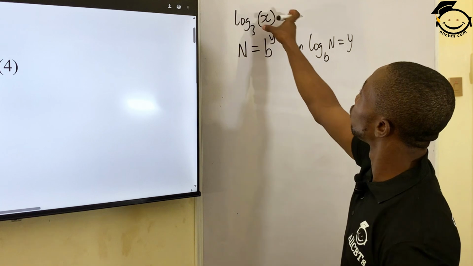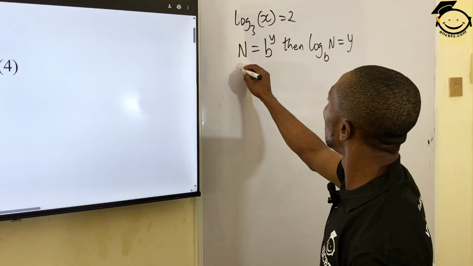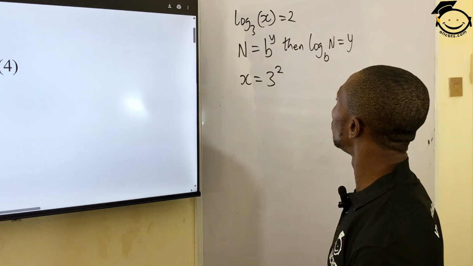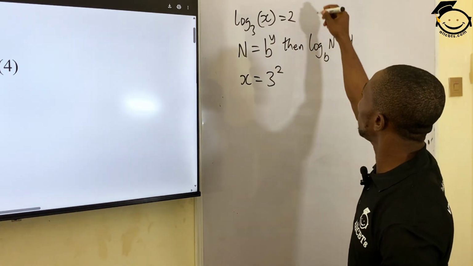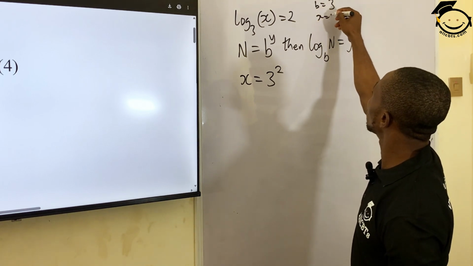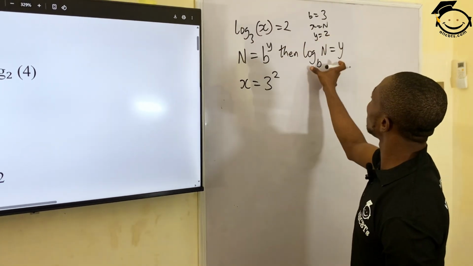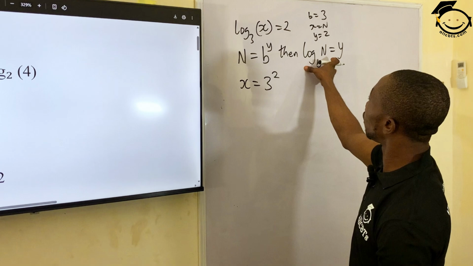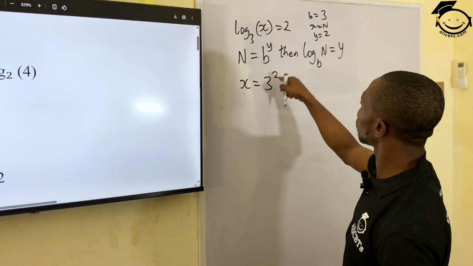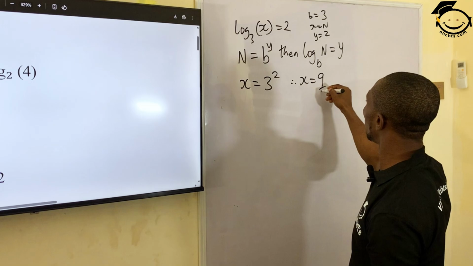Applying this law, having an inverse of this will become x equals 3 raised to power 2, since our b equals 3, n equals x, and y equals 2. Reversing it back to this form will give us x equals 3 raised to power 2. So therefore, our value of x will become 9.